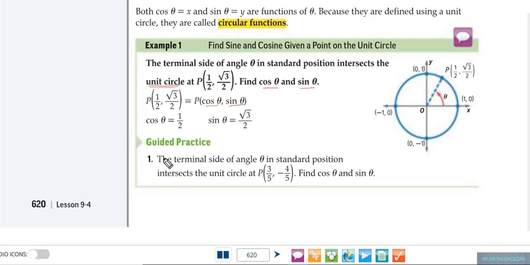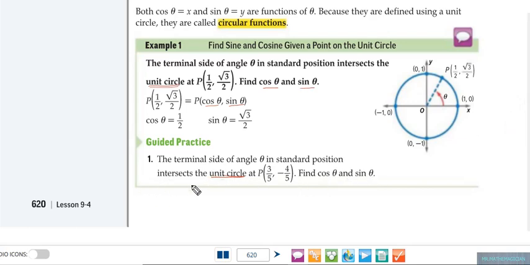Now, guided practice 1. The terminal side of angle theta in standard position intersects the unit circle at the point P, 3 over 5 and negative 4 over 5. We want you to find cosine theta and sine theta. Very easy.